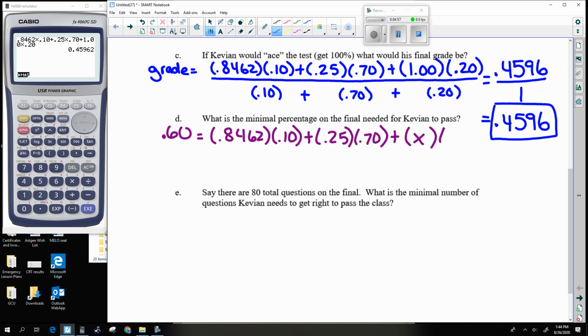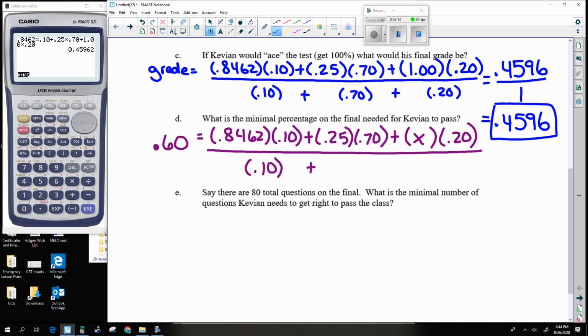All right, so this is a scenario where my final grade is going to be 60%. So my answer is going to be 60%. And I'm doing my homework, which I have an 84%, my tests, in which I have a 25%, and then I don't know what I'm getting on the final, which is worth 20% of the final grade.